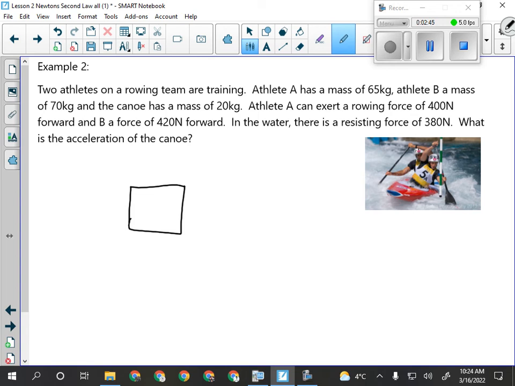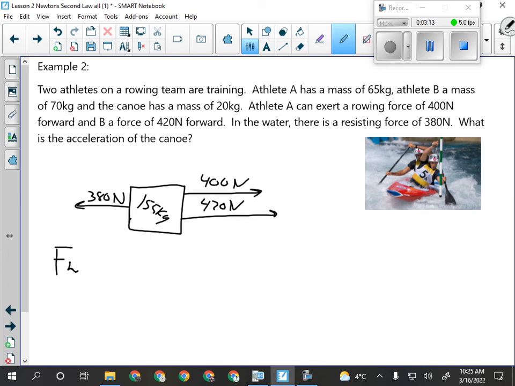Well, it'd be pretty interesting to see how they paddled it if they weren't inside. So it's just one of those things. We've got 155 kilograms here. We know that we have a force of 400 newtons forward, a force of 420 newtons forward, and a force of 380 newtons backwards. All right, so those are our 3 forces.